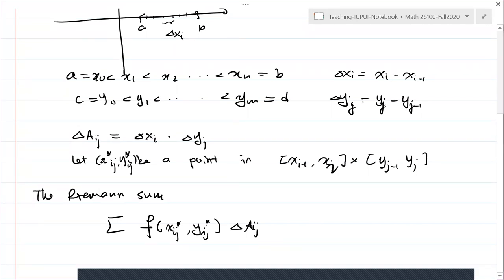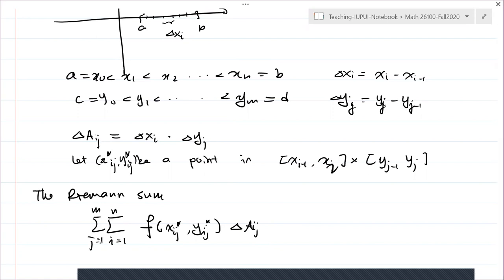We add these products together, with i starting from 1 to n and j starting from 1 to m. So add all of those together.